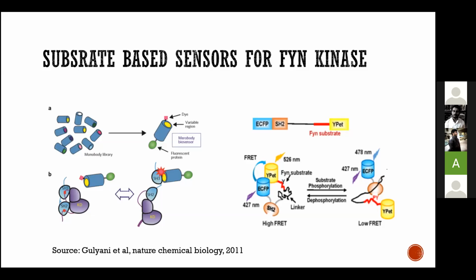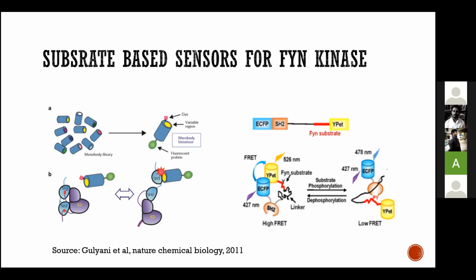So let's explain what FRET is here. You take two fluorescent proteins, in this case ECFP and YPET, and you need to get them close together, within the vicinity of 60 angstrom. If they're far apart, anything more than 60 angstrom, they won't interact with each other and won't show FRET.